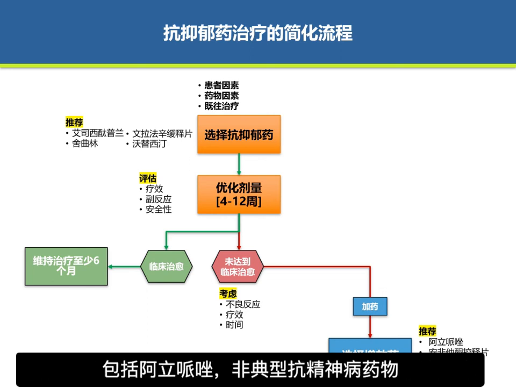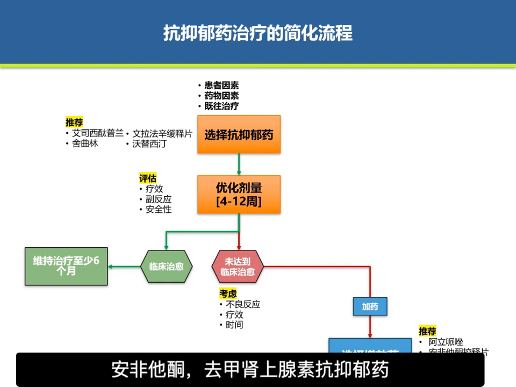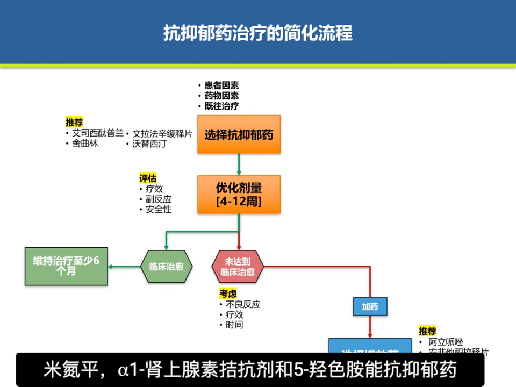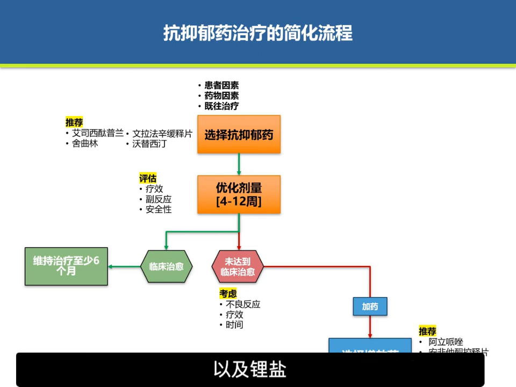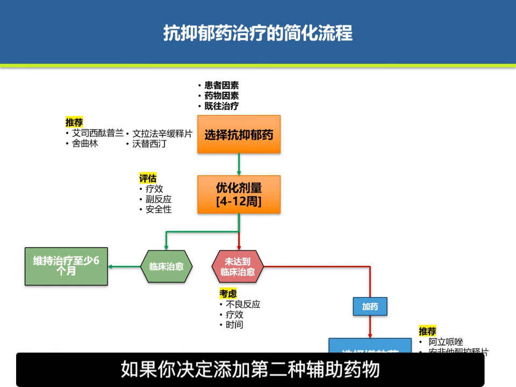And these include aripiprazole, the atypical antipsychotic, bupropion, the noradrenergic antidepressant, mirtazapine, the alpha-1 adrenergic antagonist and 5-HT2 antagonist antidepressant, and lithium. So one of these would be the recommended adjuncts if you decided to add on a second medication.